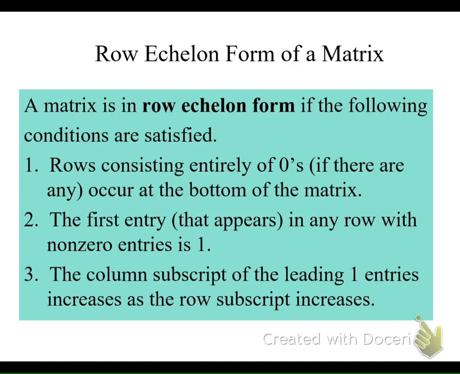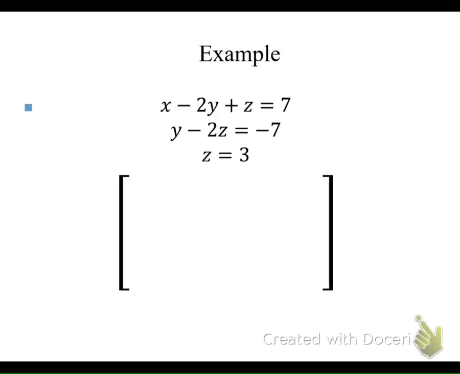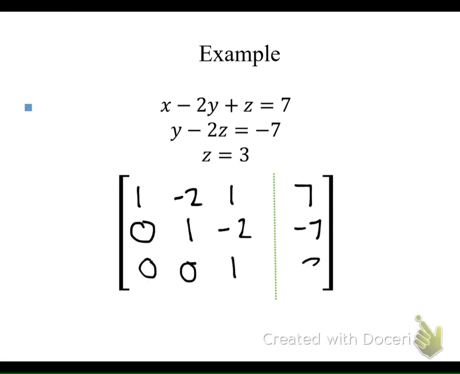So to help make sense of this, I want to show you an example of a linear system that's already in row echelon, and you'll see why it's helpful. So to get started, the system that is currently on the board, if we write it in our matrix, would give me 1, -2, 1, 7, then 0, 1, -2, -7, and then 0, 0, 1, 3.